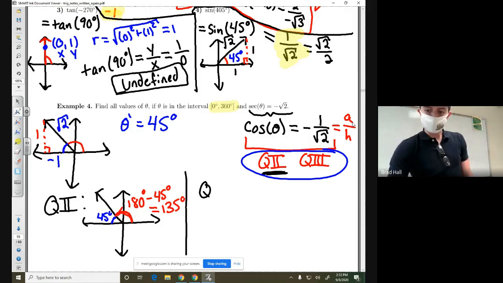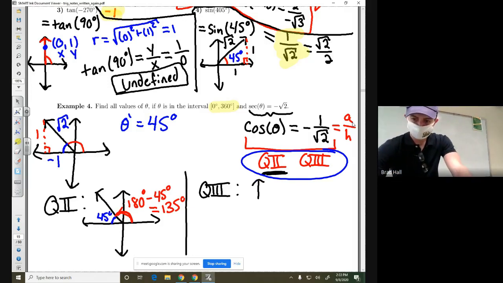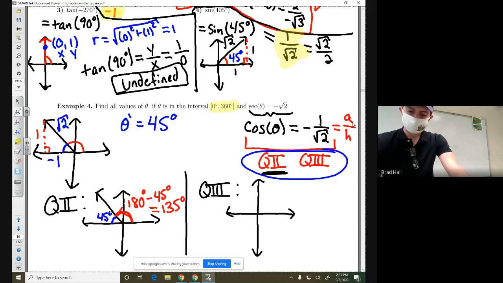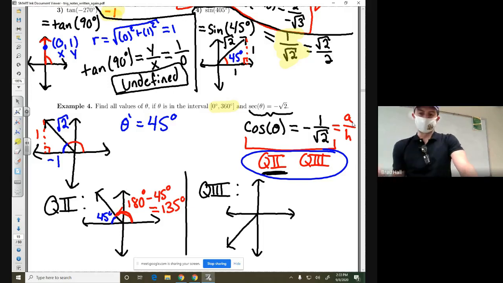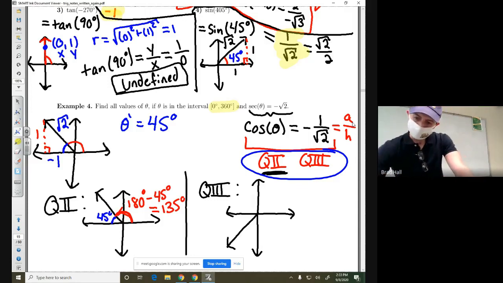And for quadrant 3, an angle in quadrant 3 would jet out like this. The reference angle is 45 degrees.